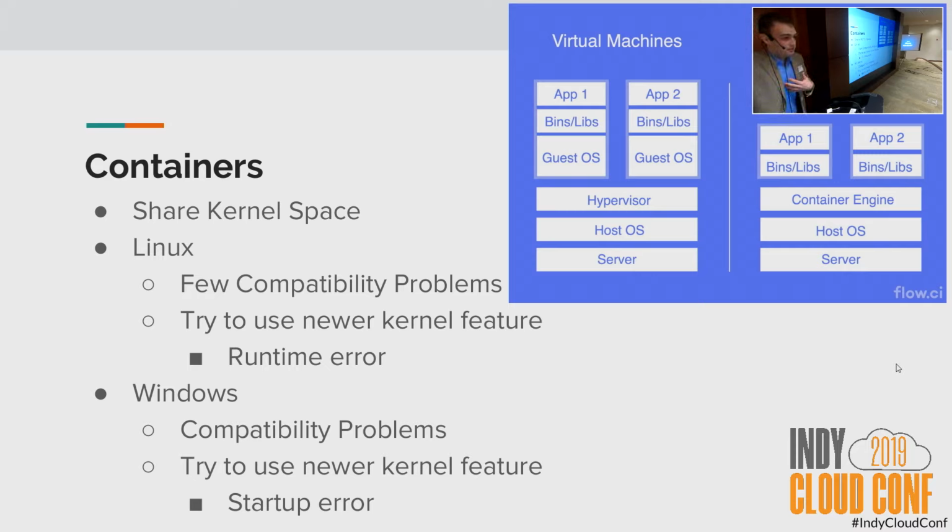The selling point, from my understanding with containers, was that they share kernel space, and that's what allows them to not have their own operating system. In Linux, there are very few compatibility problems if you attempt to use a newer kernel feature, simply because it just meshes better. So when you run a container on Linux and you try to use some new feature like that, it's a runtime problem.